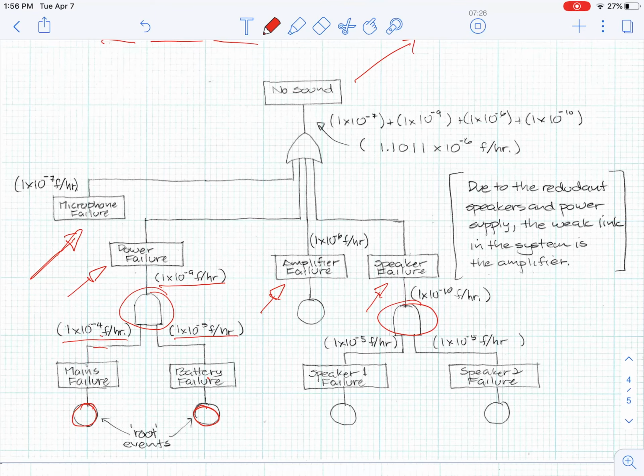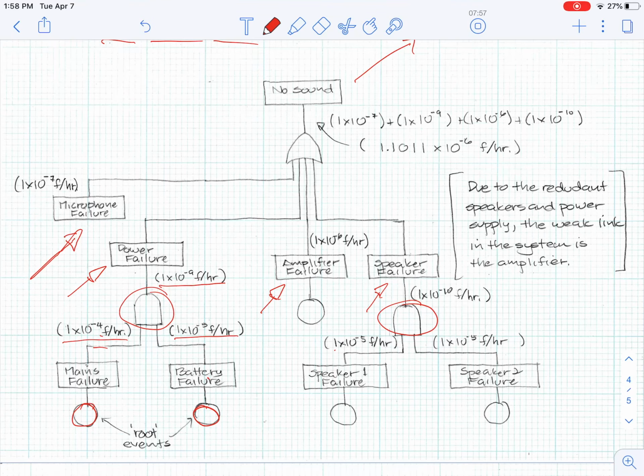So for speaker failure, I decided to put 2 speakers in the system because I've got 1 × 10⁻⁵ failures per hour, and these failure rates are just completely made up, and I'll talk about how you can do better than that in a minute. I've got 1 × 10⁻⁵ failures per hour for both speakers, but now both speakers have to fail before the system will have failed.